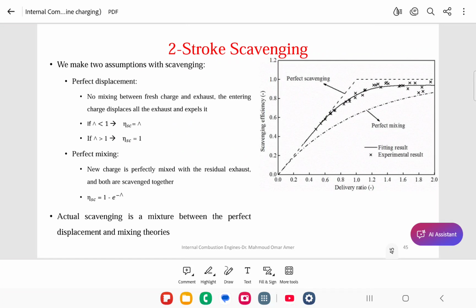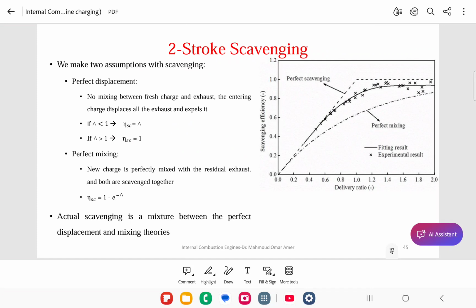So it fills 90% of the cylinder and removes 90% of the exhaust outside. So, what about the trapped mass inside the cylinder? It's 90% pressure charge and 10% residual exhaust.